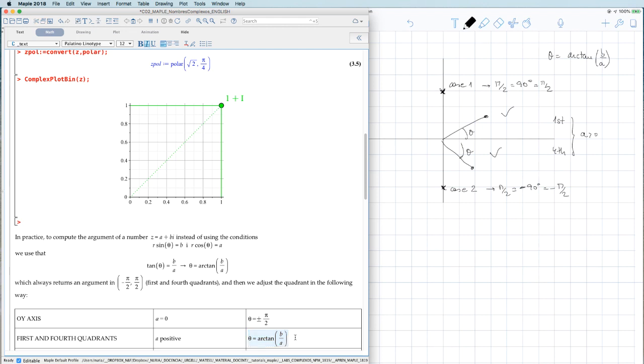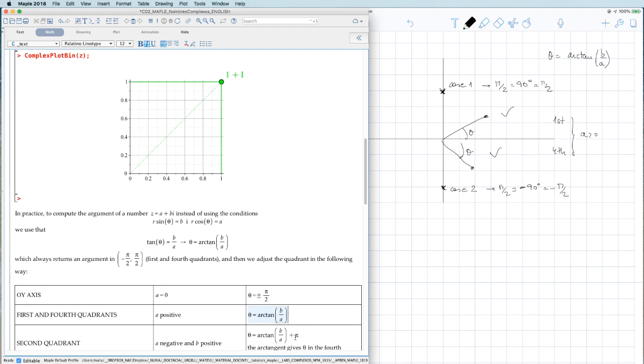Okay? But what about if I'm in the second quadrant? So if I'm in the second quadrant, so let's do it like in here. So imagine that I have a number here, and I want to compute the arctangent. I compute the arctangent of b over a. This arctangent is going to give me this argument, which is a different one. Okay, so how do I move from this argument to this one?